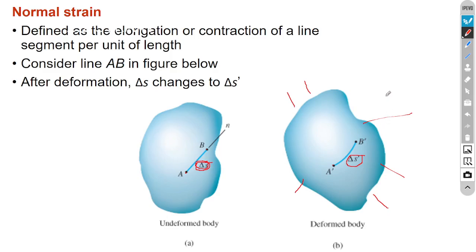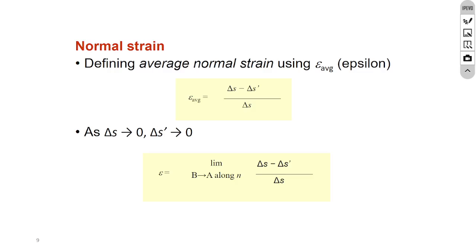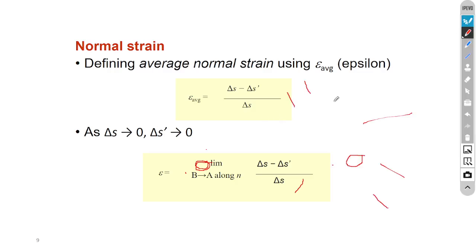And then the definition comes. The initial value of the distance between the selected points, and this is the distance value while the body is under the action of loading. This minus that, divided by the initial distance between the selected points.